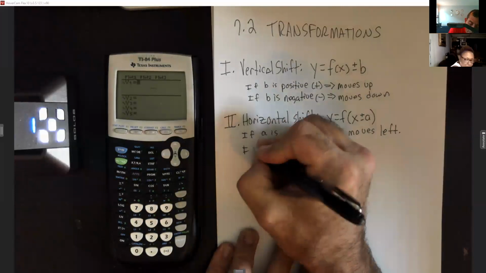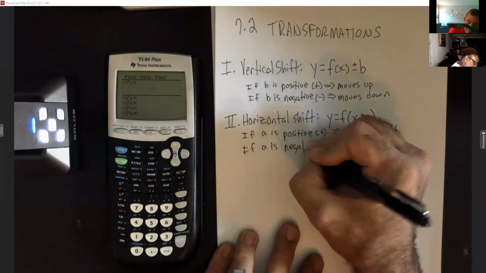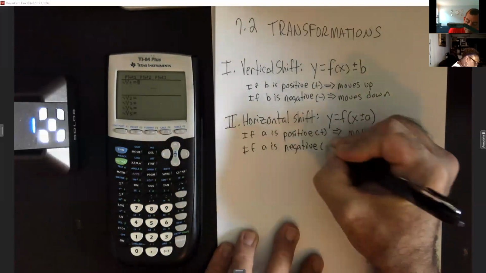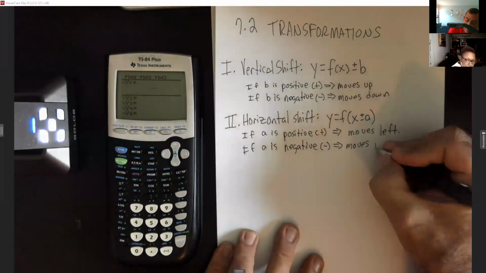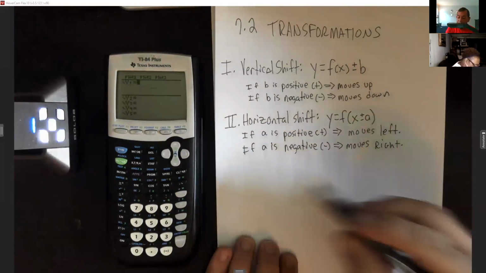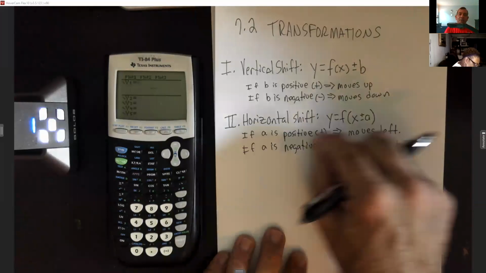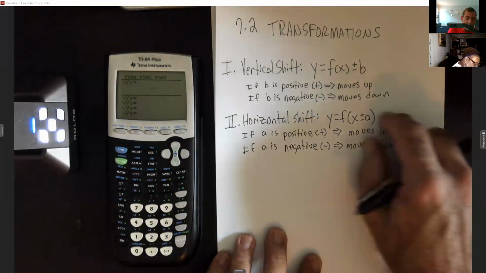And if a is negative, it's going to move right. And y'all, I'll tell you, this is the one that gets most people because you think, oh, I'm adding to my x, it's going to go right. No, no, no, no. That graph will really go to the left.